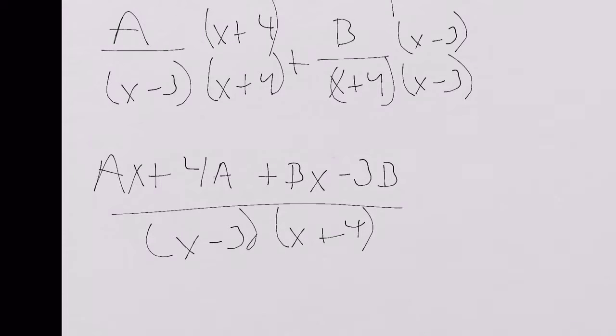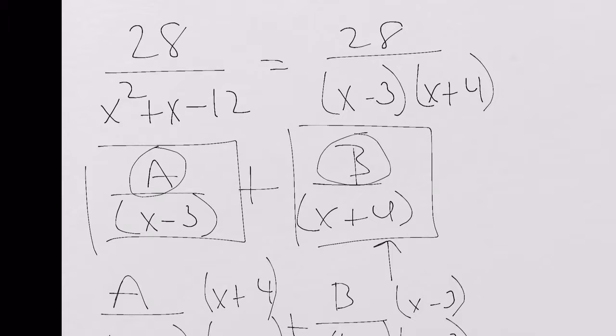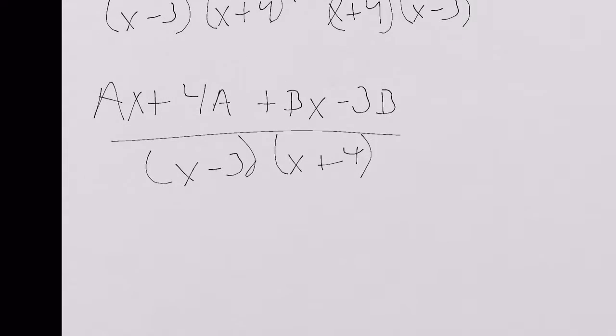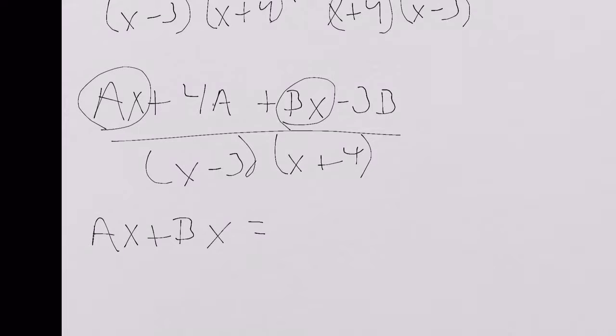So, initially recall that we just had a 28 up top. So what that means is when I add up my x terms, ax plus bx, I don't have any x terms. So when I add up my a plus my b, my coefficients for my x terms, I should get a 0.